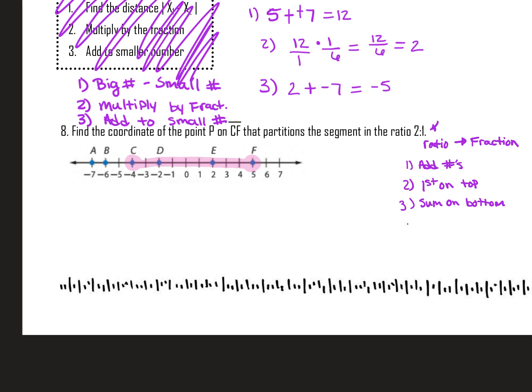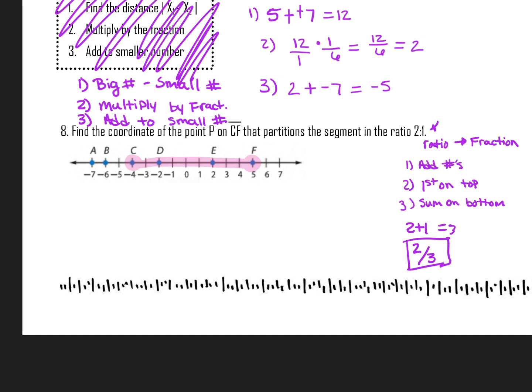So in other words, I'm going to do 2 plus 1 equals 3. The first number in the ratio is 2 over the sum, which is 3. And so now that is my fraction that I will be utilizing for my partitioning.